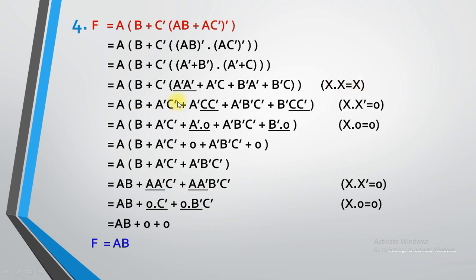So A dash C dash, then A dash C dash. I am going to repeat this: C dash is multiplied with this term, this term, this term and this term. So this term you need to write as it is, A dash C as it is, then multiplied with C dash: A dash B dash C dash, B dash C dash.